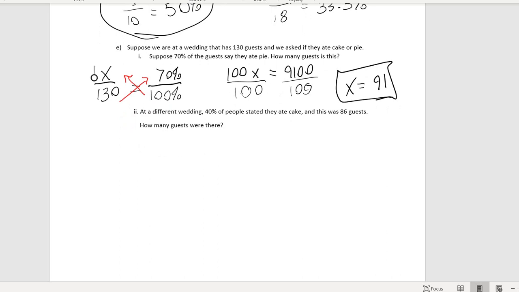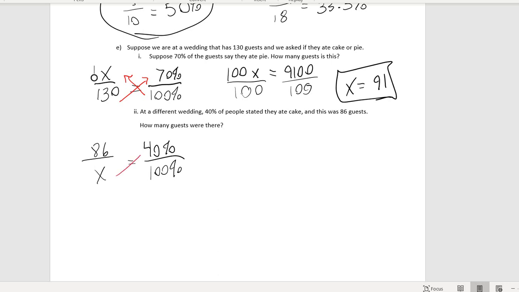Now let's do the same thing here. At a different wedding, 40% of people stated that they ate cake. And that was 86 guests, so 40% equals 86. And we want to know how many guests there were. So 40% is always going to be out of 100%. Now 86 is out of how many guests total? So now we have x on the bottom.